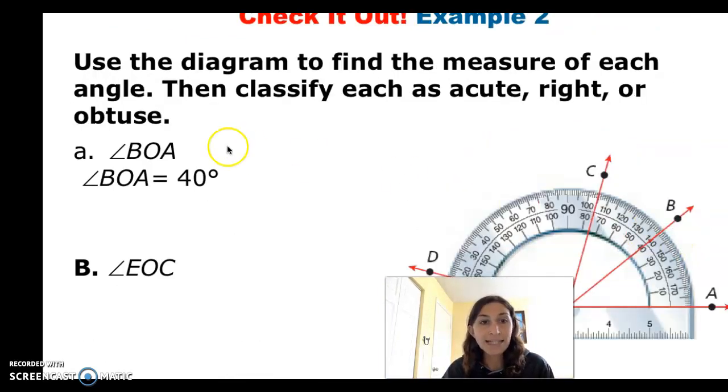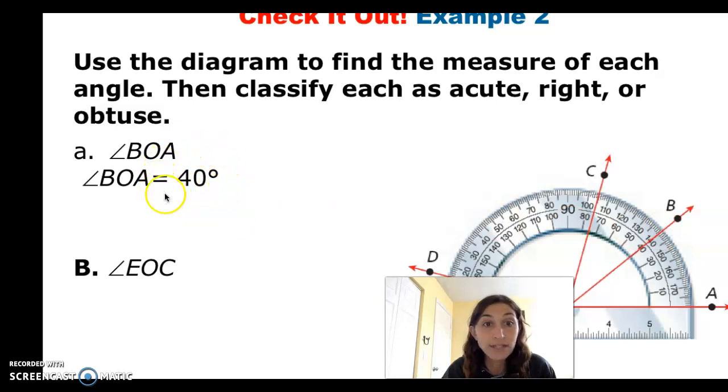All right, let's look at angle BOA. You can see here that ray OB is at 140 degrees and ray OA is at 180 degrees. So I want to know what 180 minus 140 is, which is just 40 degrees.